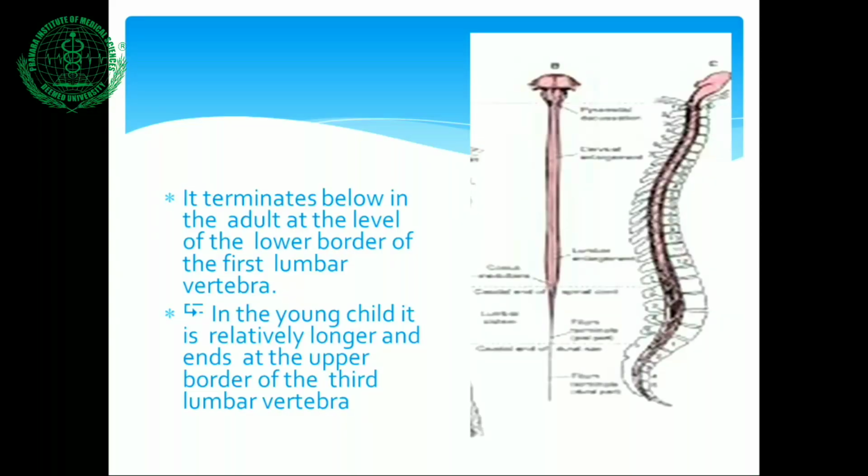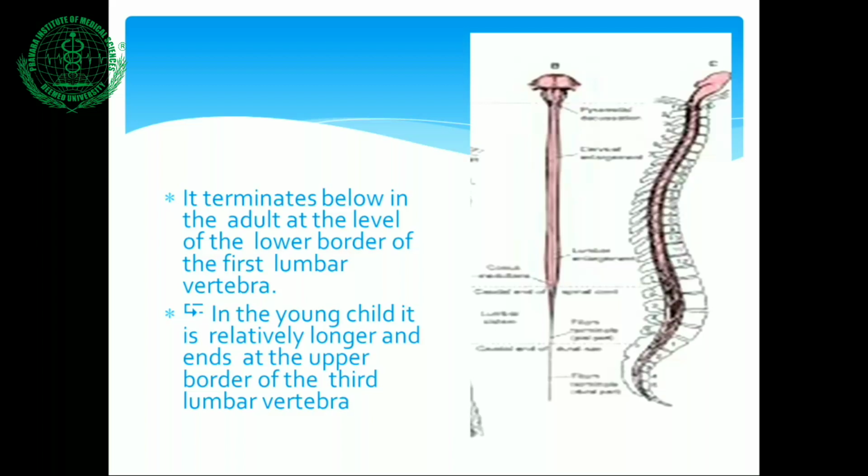The termination of the spinal cord varies in a young child, in adults, and in intrauterine life. The level of termination of the spinal cord in case of an adult is at the lower border of the first lumbar vertebra.